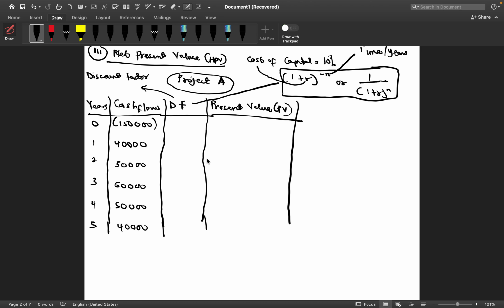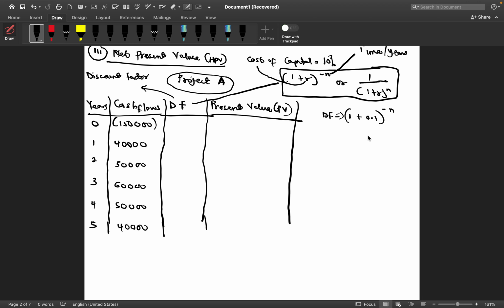So the discount factor. Remember, this is the formula we are using, the second one. We were given 10%. So the discount factor is 1 plus 0.1 exponent negative n.